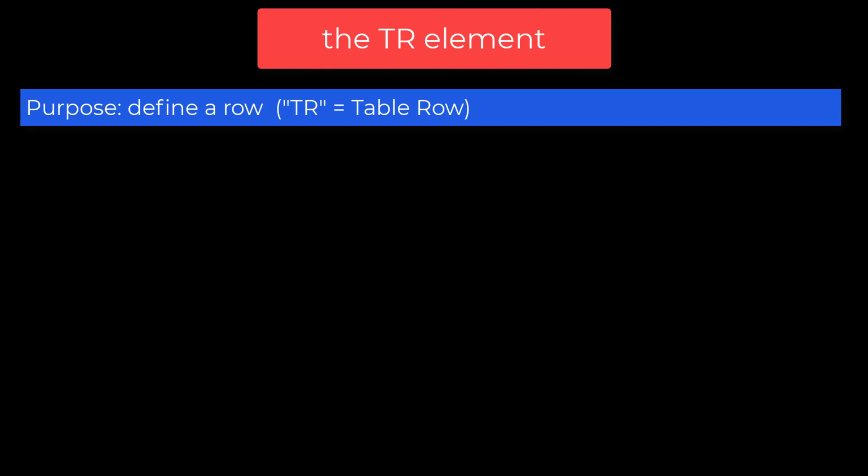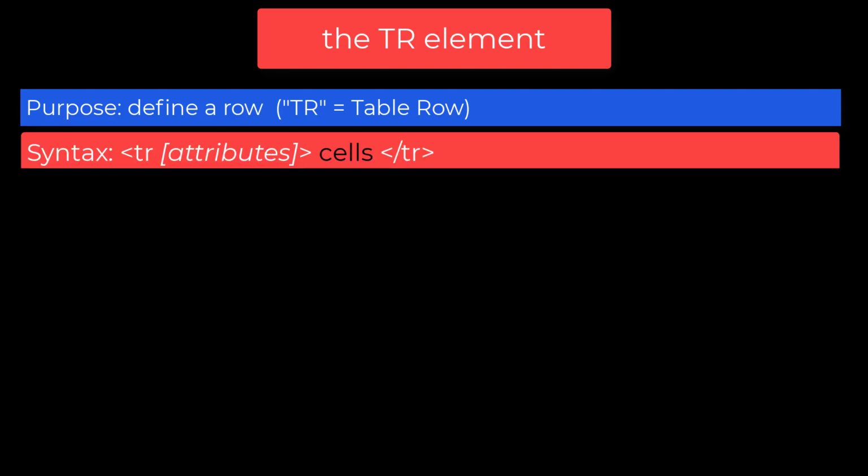The TR element. Its purpose is to define a row. Again, each row generally represents a particular item, with the details being held in the TH and TD elements in the row. The syntax is a start tag, TR, possibly some attributes, and the content, which is a string of cells, and the end tag.